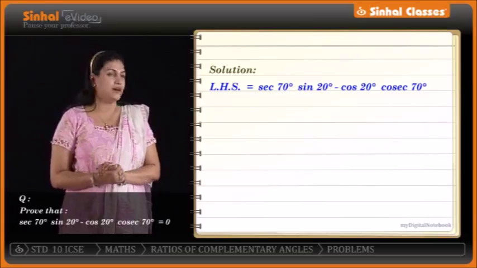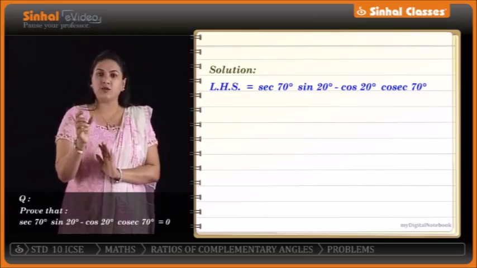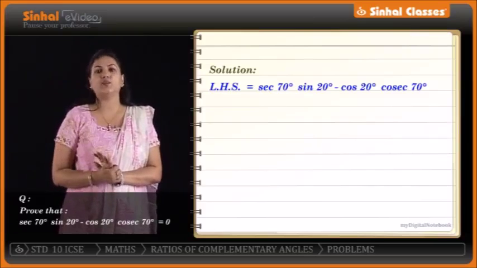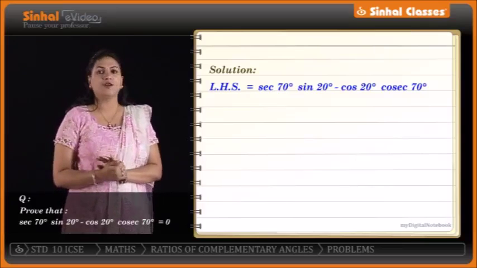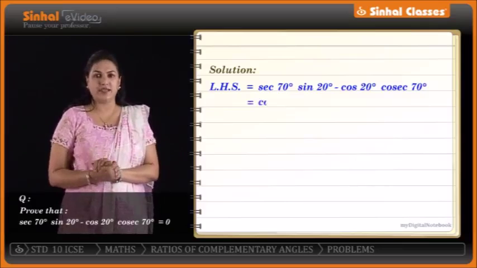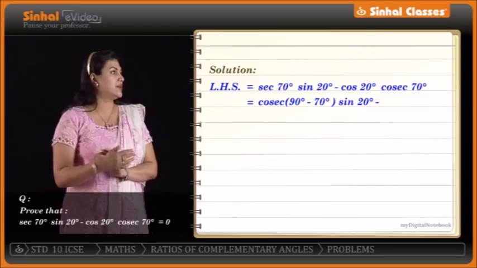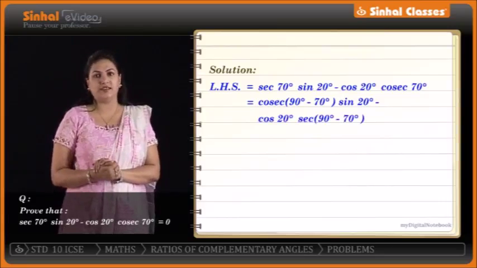And in the second term, we have cos and cosec. So we write cosec in terms of sec, and then we'll write that as 1 upon cos. Let's do this. We get cosec 90 minus 70 into sin 20 minus cos 20 into sec 90 minus 70.